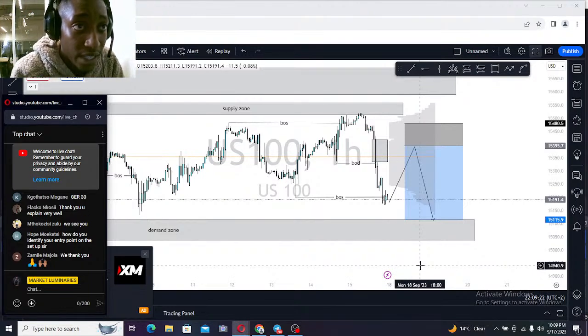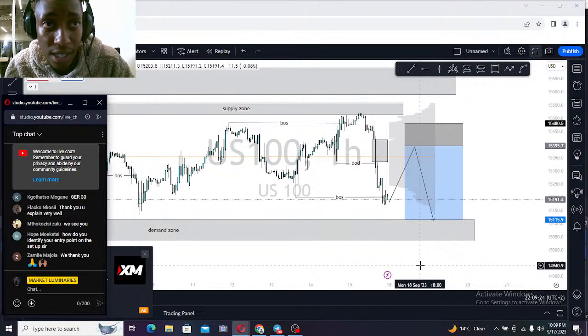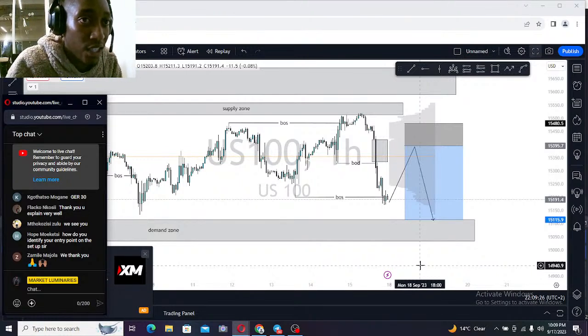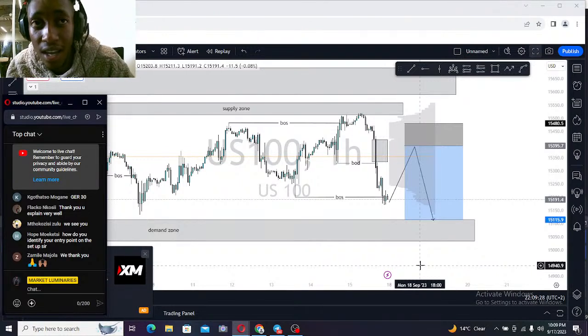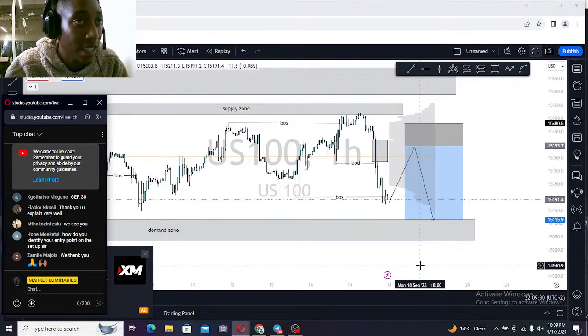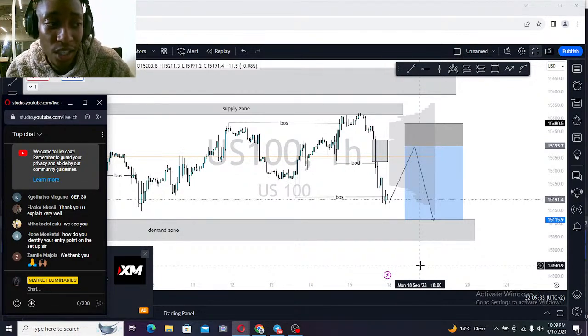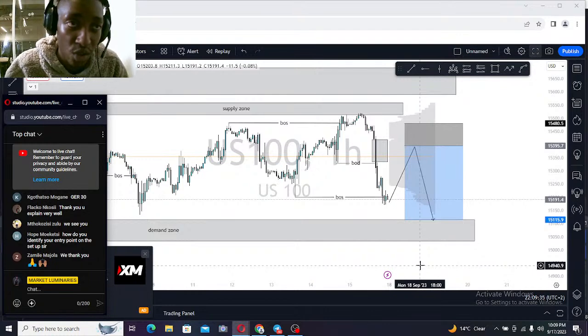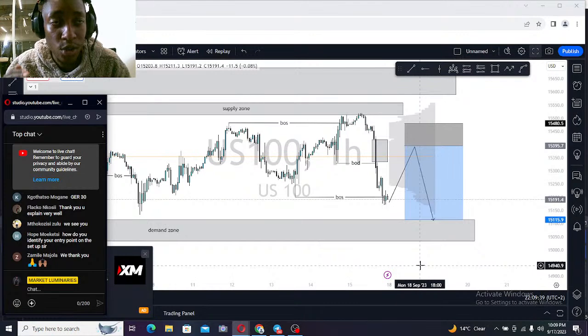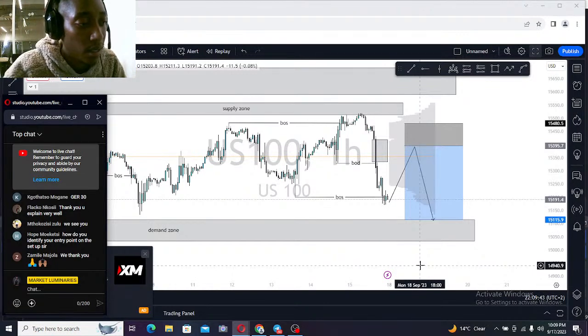That shows me the market is now exhausted, meaning there is no volume, so at some point it needs to push to the downside.